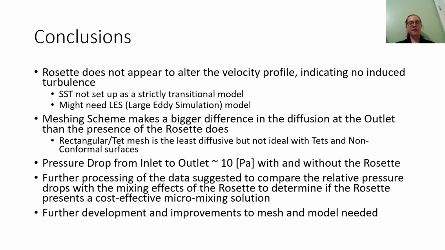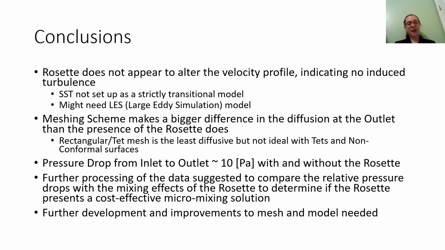And while our SST turbulence model was not set up as a strictly transitional model, and we might need to add an LES model instead, this still would not solve the problem of determining whether or not any induced turbulence is happening due to the rosette. Then, in our meshing scheme, we found that the meshing scheme makes a bigger difference in the diffusion at the outlet than the presence of the rosette actually does.